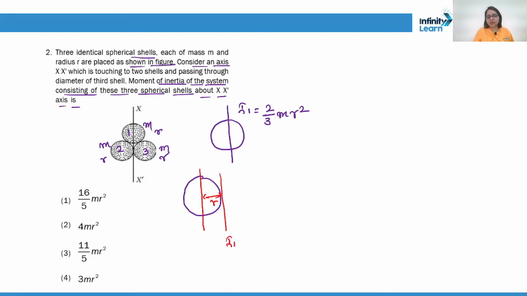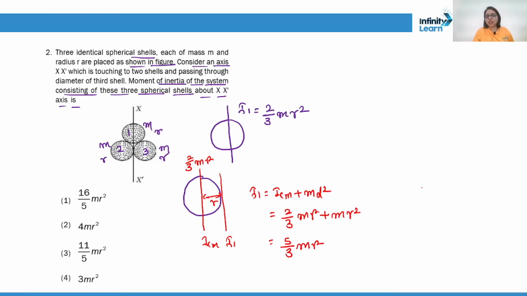If this is I2 and this is ICM, then you can write I2 is equal to ICM plus MD square, right? D is the separation between these two parallel axes. ICM is the moment of inertia passing through the center of mass. So for this case, it is 2 by 3 mr square. So I2 will be 2 by 3 mr square plus mr square because D is equal to r. So it will be 5 by 3 mr square.